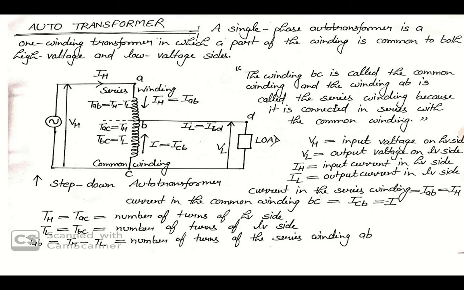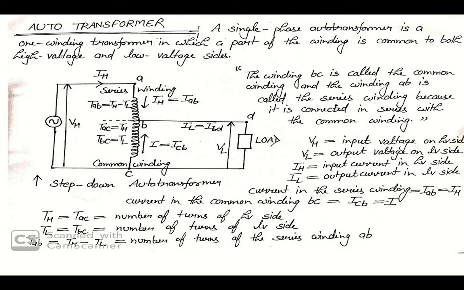Now there are many advantages of the auto transformer. The first advantage is that an auto transformer uses less winding material than a two winding transformer, so the saving is large if the transformation ratio is small.